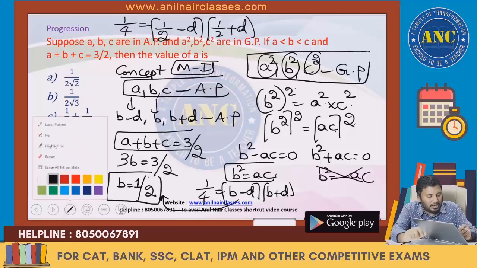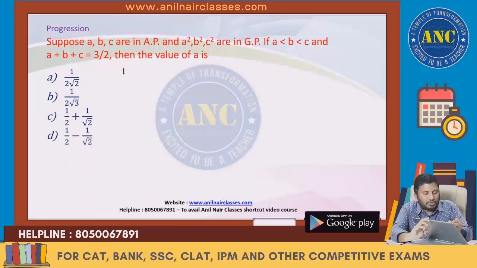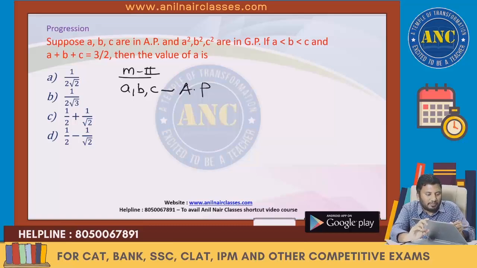Method 2. See here, sir. First thing directly, A, B, C are in arithmetic progression. If A, B, C are in arithmetic progression, 2B equivalent to A plus C. Substitute there. A plus B plus C is 3 by 2.